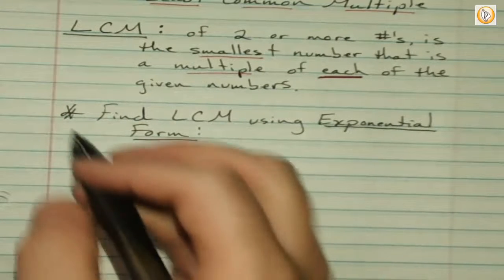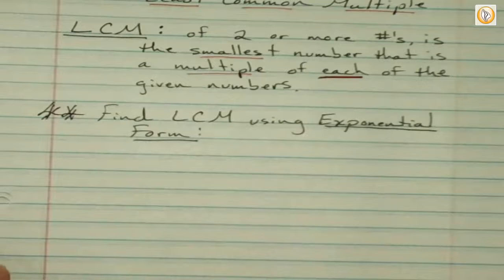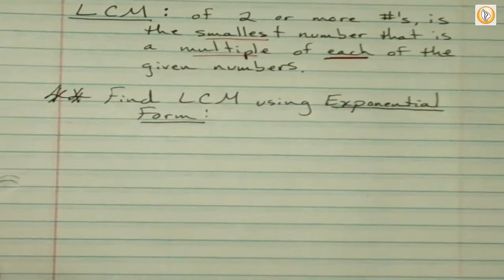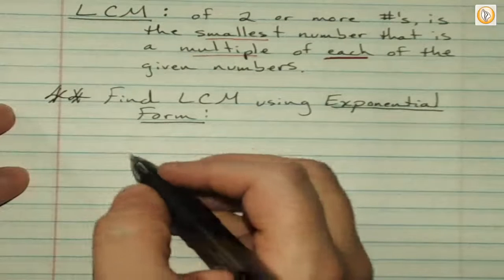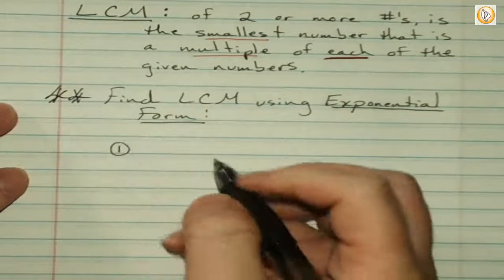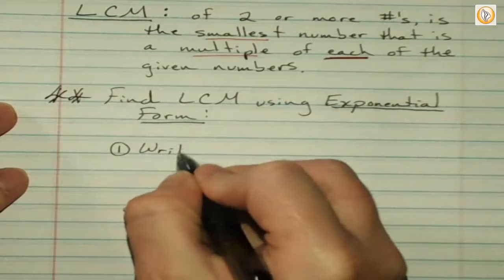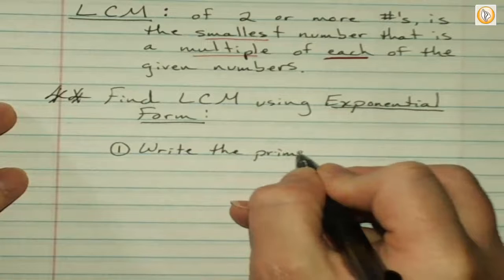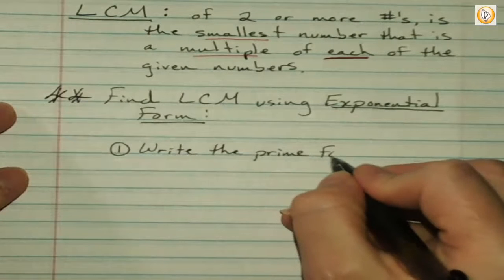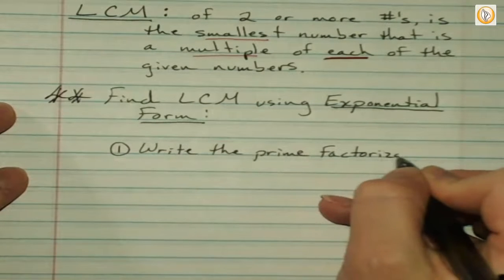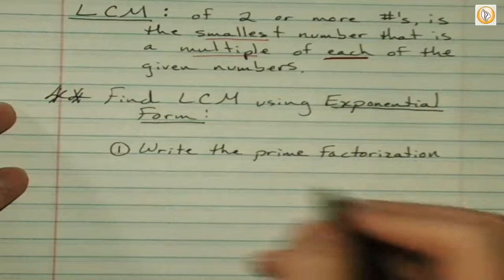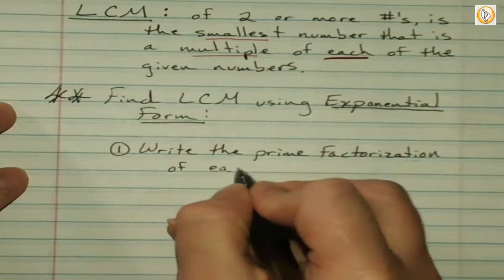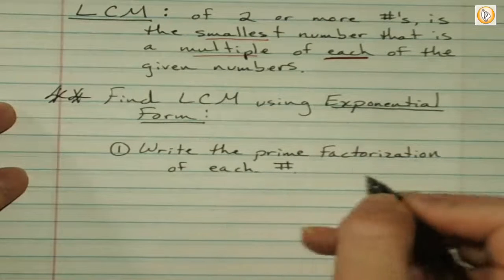Okay, so here we are. This is the important stuff. Find the least common multiple using exponential form. This is like what we did with greatest common factor. Very specific rules here. Step 1: write the prime factorization of each number.